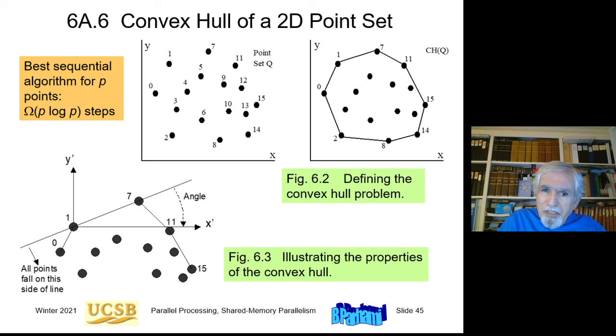So for example, if this direction is positive, all these angles will be positive. So all points fall on one side of that line, and all these angles have the same sign. These are basically the same property.